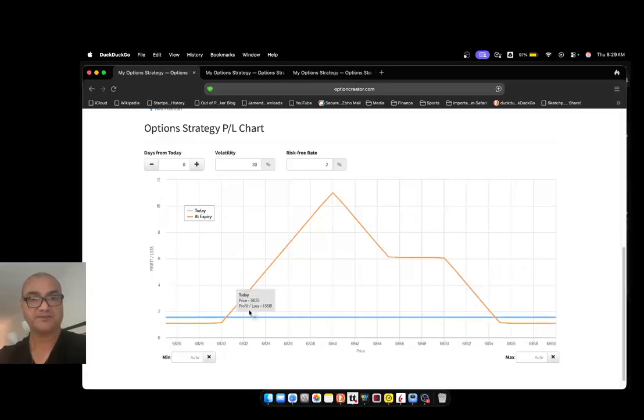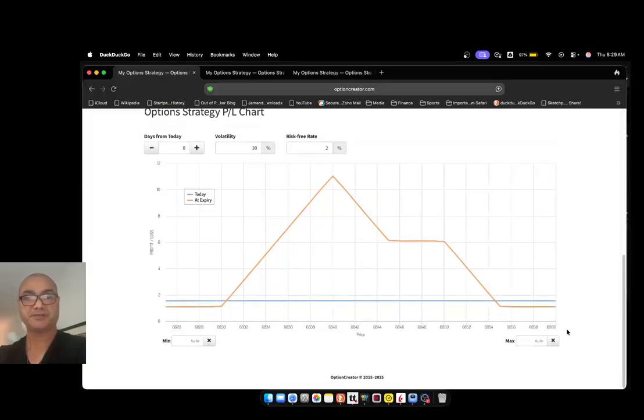So again, the current structure is think of it as a 5 wide call vertical between 30 and 35. And then we have this butterfly here between 35 and 45, with the center strike being at 40. So that leaves us with this extra 30-35 call vertical. And I ended up turning that portion into a condor by selling the 50-55.